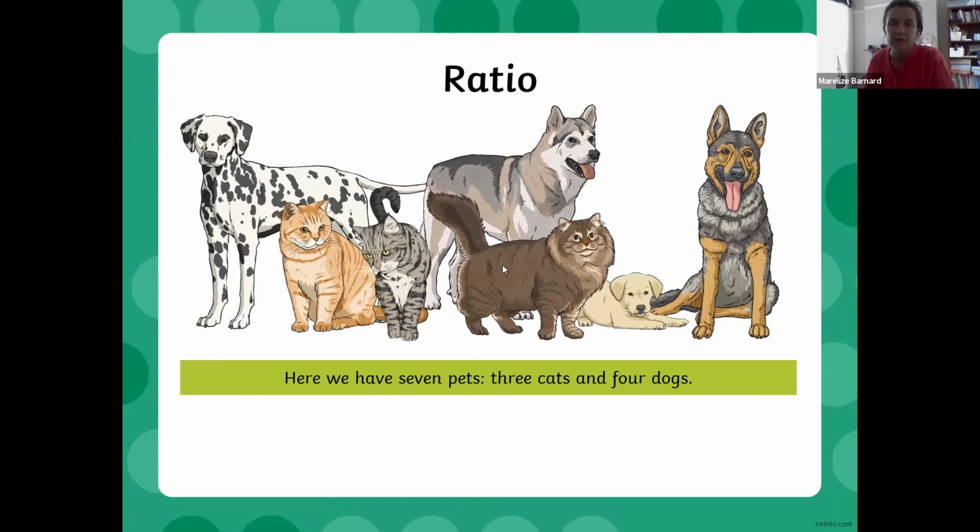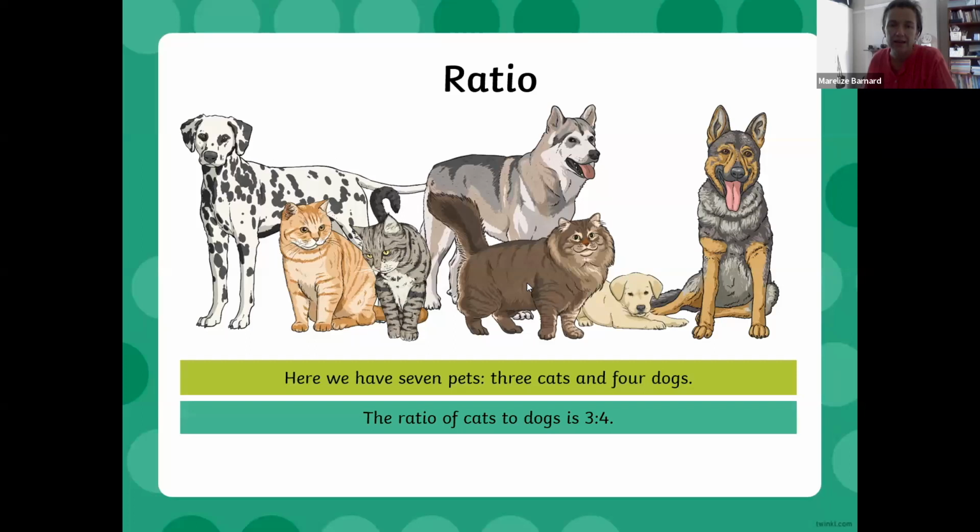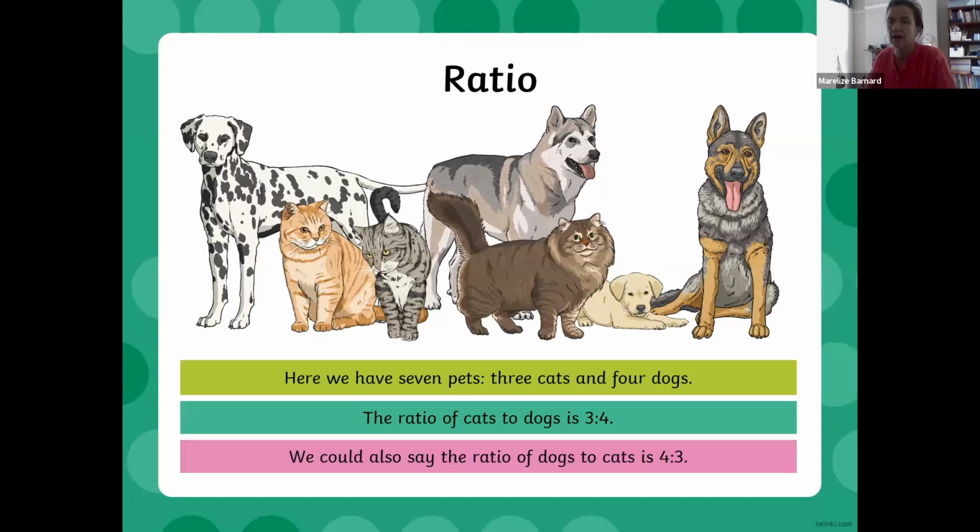So the ratio of cats to dogs is 3 to 4, and when you have dogs to cats, that's 4 to 3. Okay, is everyone with me? Just put a thumbs up in the chat and let me know that you are understanding. Thumbs up. There we go. Okay, everyone is in the same place after our little technical glitch.